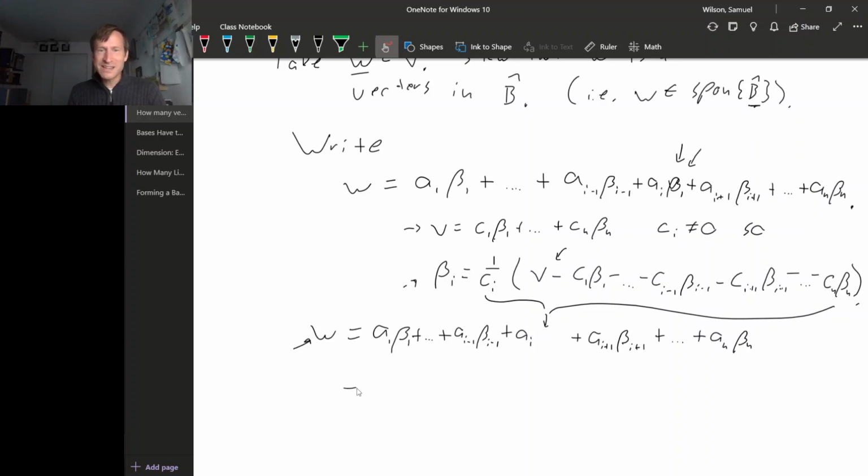So just to make things explicit, gather up the beta 1 terms. So here's an A1 times beta 1, and right here, here's a minus C1 over Ci times beta 1. And then so on, all the terms down to the I minus 1 term look the same.